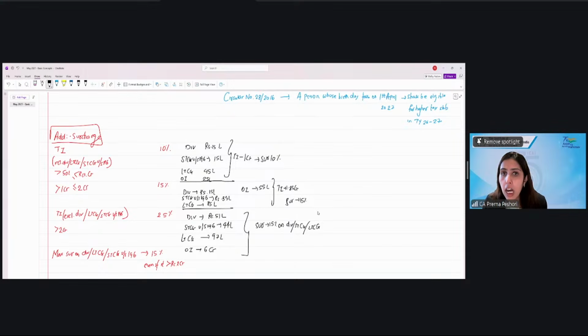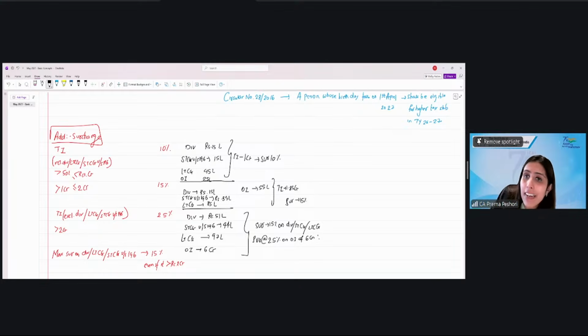But on the other income, that is exceeding 2 crores, there will be a surcharge of 25% on the other income of 6 crores. So are you following that?